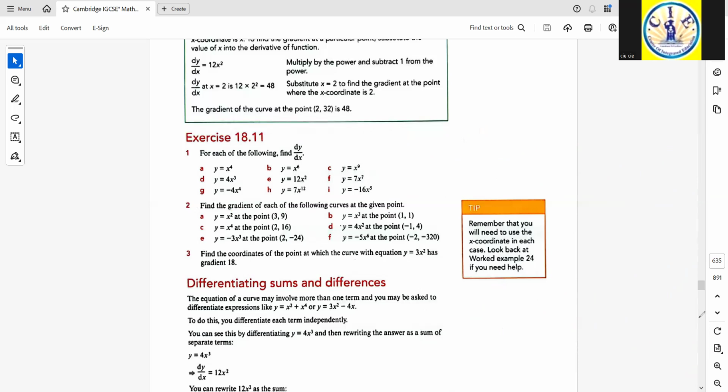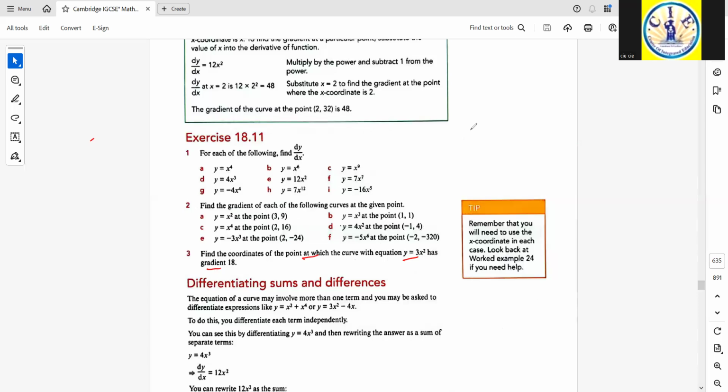It states that find the coordinates of the point at which the curve with equation y equals 3x squared has gradient 18. Now it is given in the question that the gradient is 18. So the value of the gradient is already given to us.